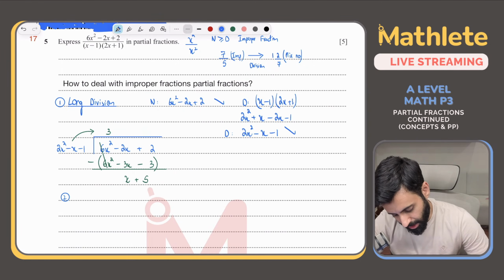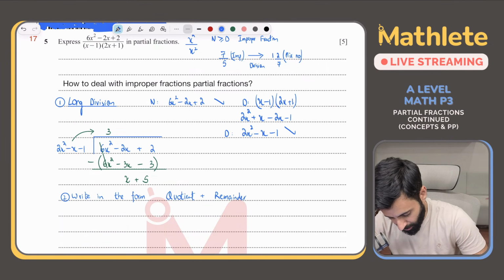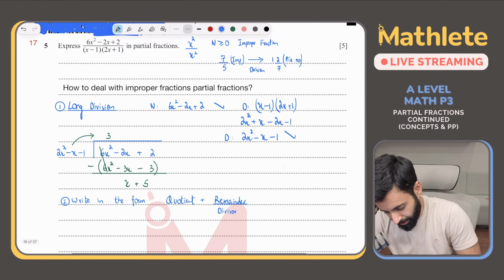Step 2 is that we will write it in the form of quotient plus remainder over divisor. For example, let's go back to the 7 upon 5 example.